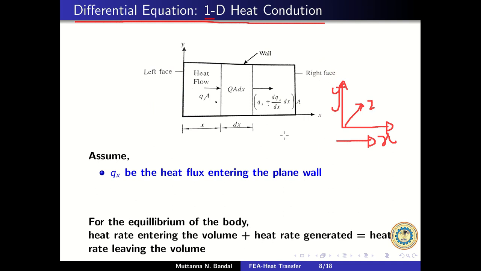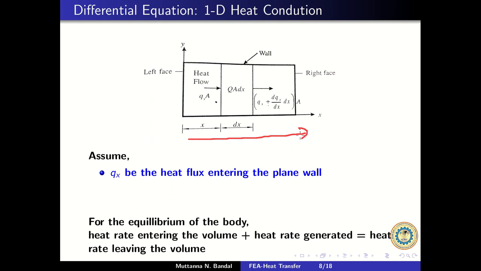So for convenience, let us consider the heat transfer in the X direction.